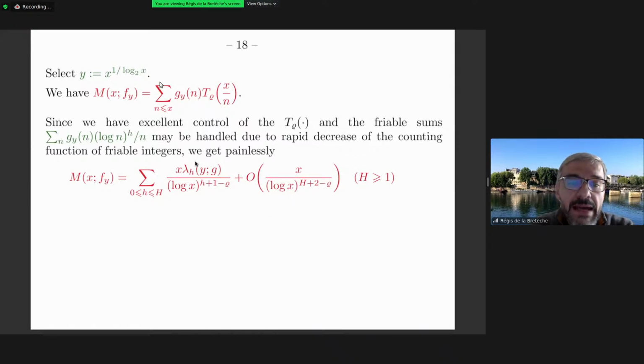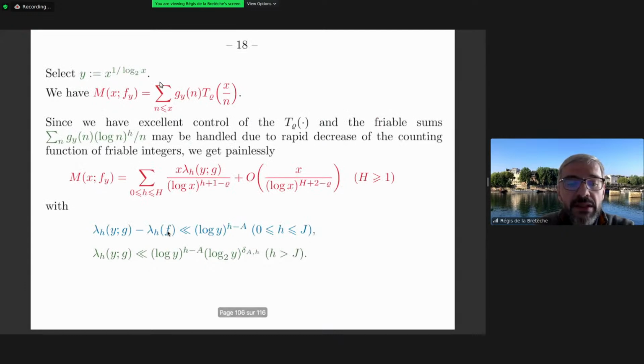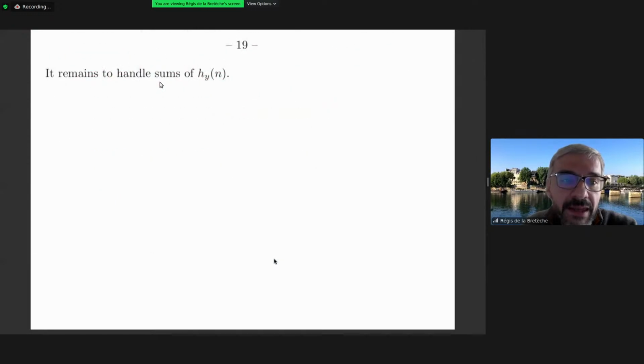The lambda of h of y g can be approximated by the limit when y tends to infinity for h less than capital J, and we also have an upper bound for larger h.